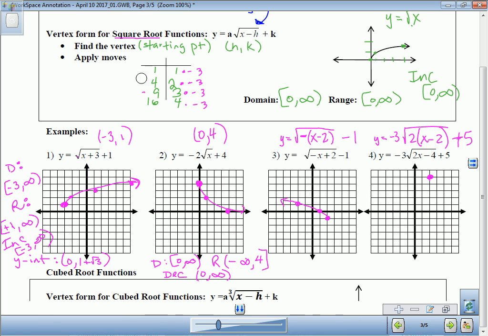Whenever something happens to the x it's grouped with, we have to do the opposite. The opposite of the -2 was +2. The opposite of multiplying by 2 would be dividing by 2. So all of these get divided by 2 or multiplied by 1/2. You can think of it either way. So we really go right 1/2 down 3.